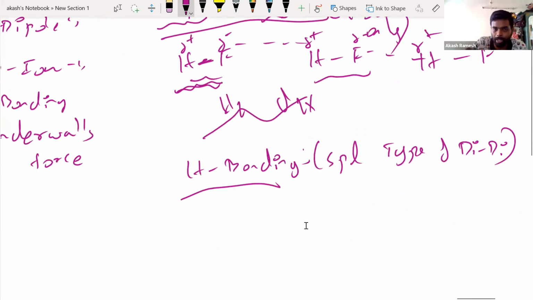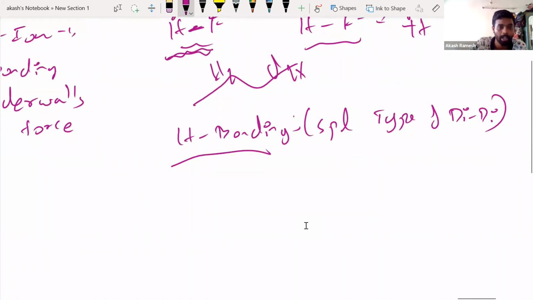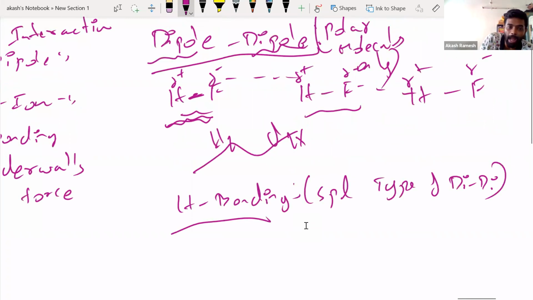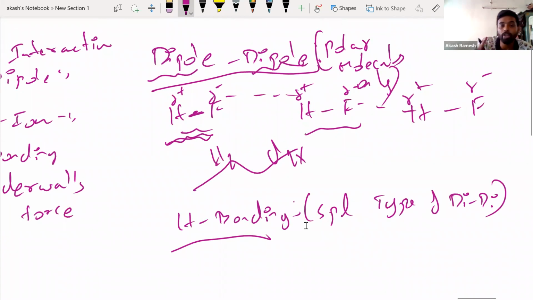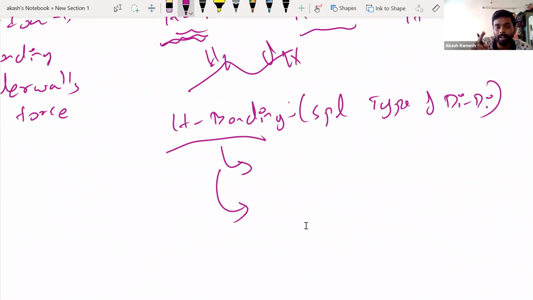You understood what the dipole interaction is. Now, for hydrogen bonding to happen, there are two requirements.